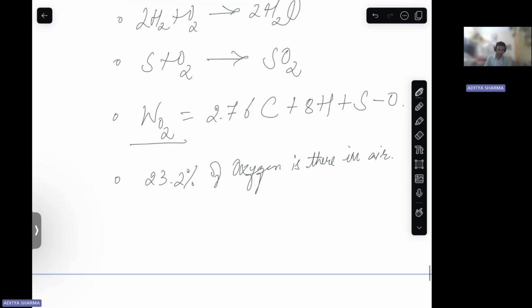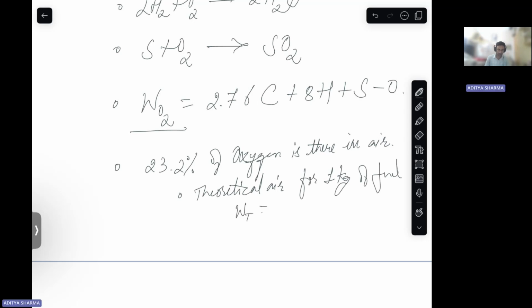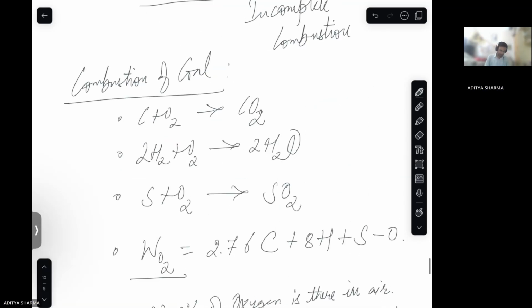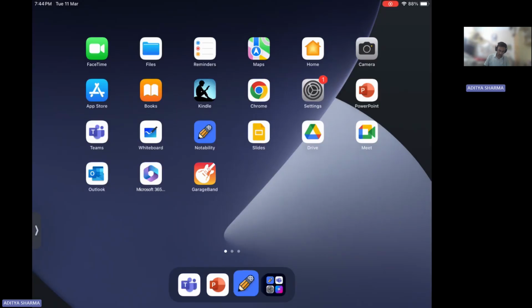So in terms of air, how will we write it? The theoretical air for 1 kg of fuel, W_air equals W_O2 divided by 0.232, right? So this way we can calculate the theoretical air. So this is about combustion of coal.